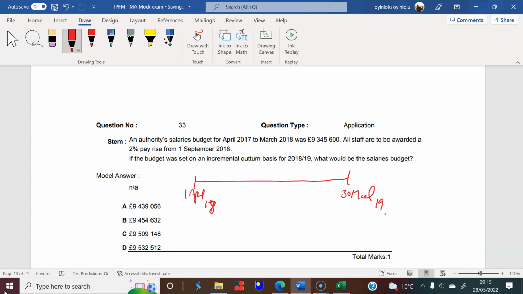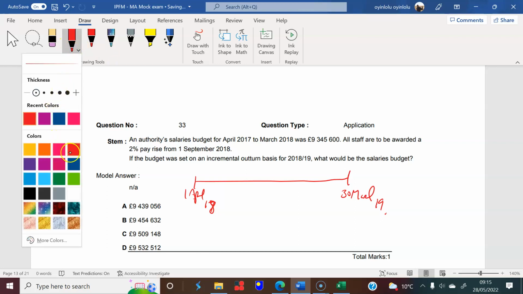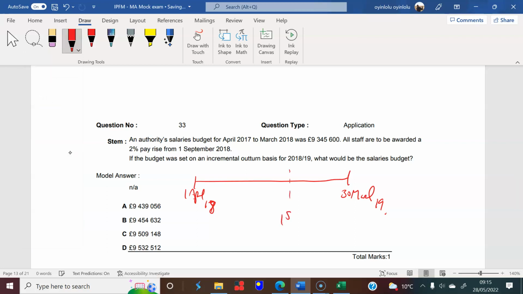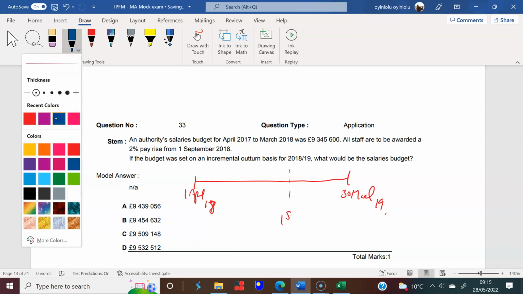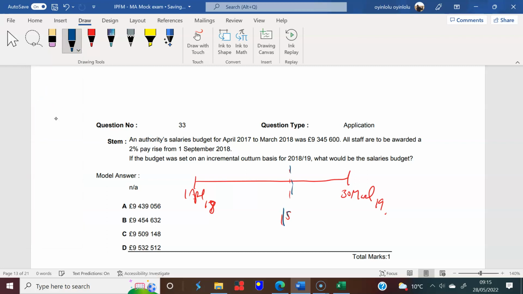And you're told that they will get a pay rise on what we currently have from the 1st of September 18. From the 1st of September 18 you're going to have this pay rise of 2%, and that 2% is per annum.